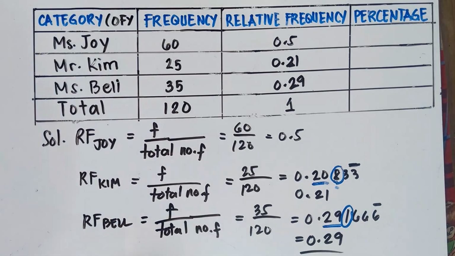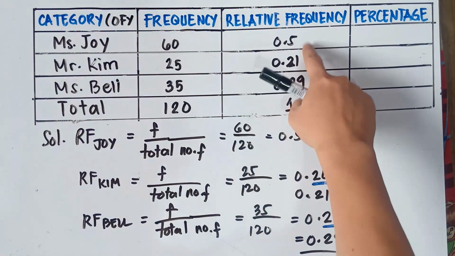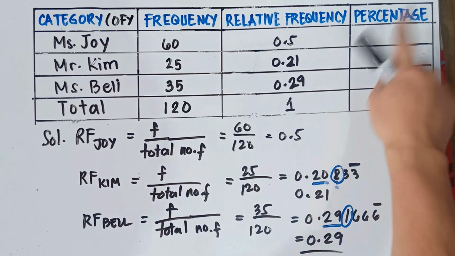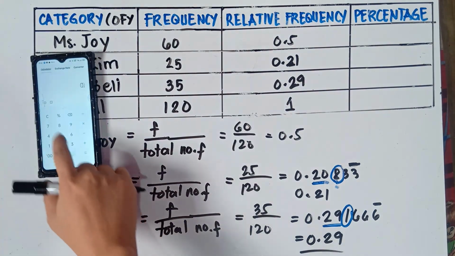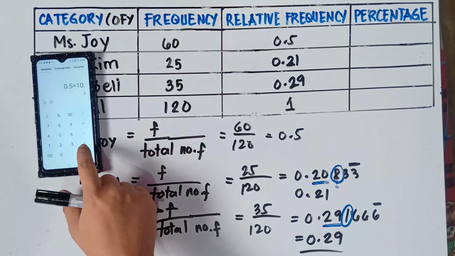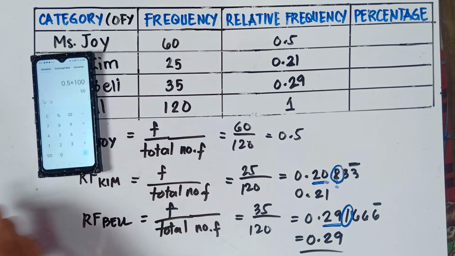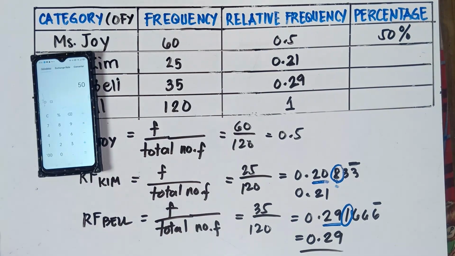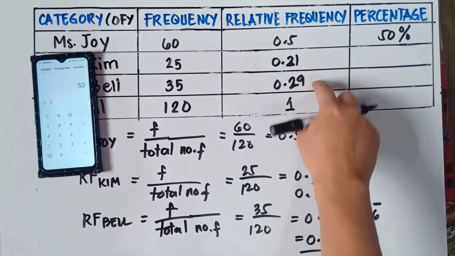Alright, so we're done with relative frequency. Now to get the percentage, class, simply multiply the relative frequency by 100.